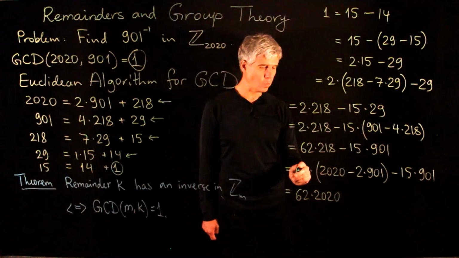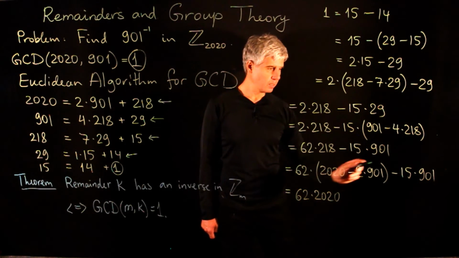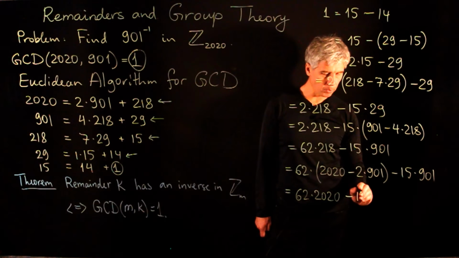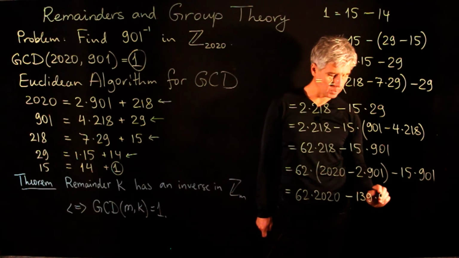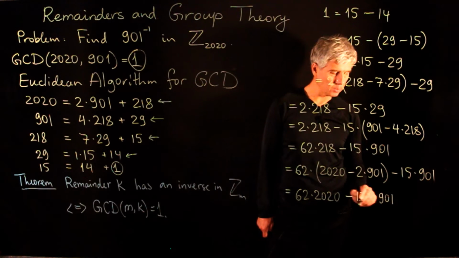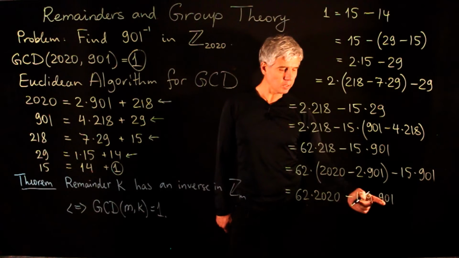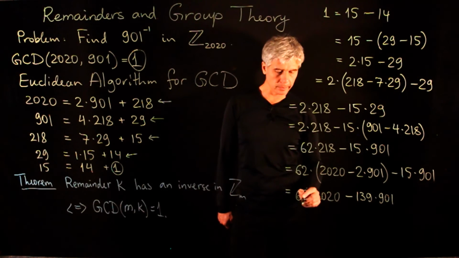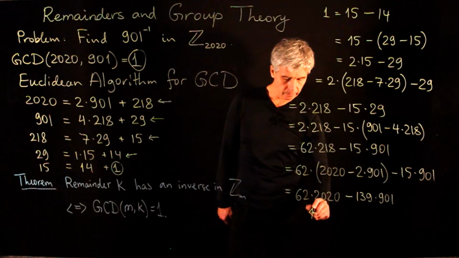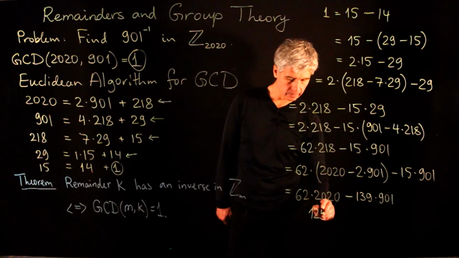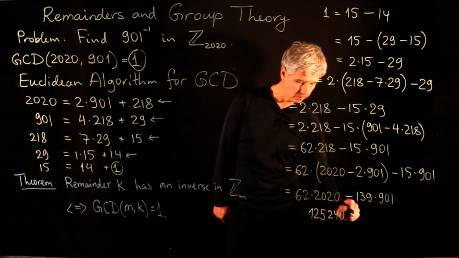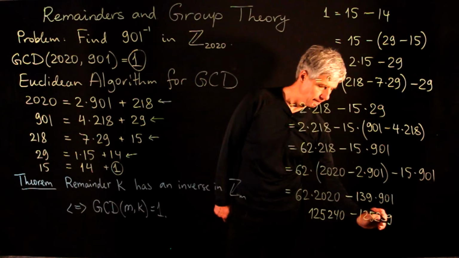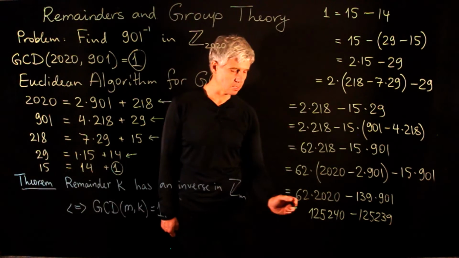Then here we have 124 and 15. So we get minus 139 times 901. So if we use a calculator, then we can verify that this is indeed equal to 1. So here we have 125,240 minus 125,239. And the difference is indeed equal to 1.